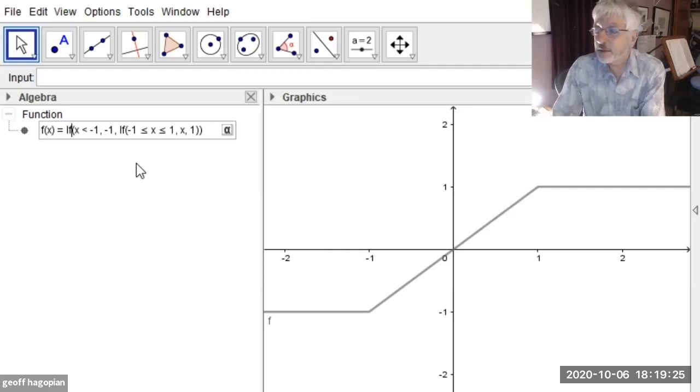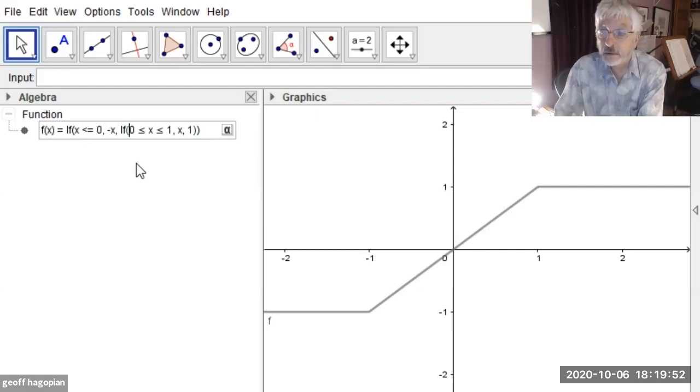So I've got the rule that says it's going to be -x on that interval, for x less than or equal to 0.